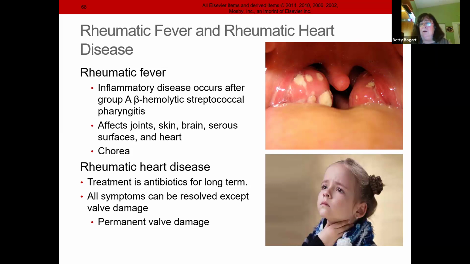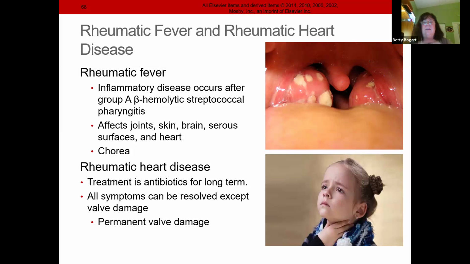Rheumatic fever presents with a sore throat, swollen joints, rashing, and you can't control your limbs. So it's central nervous system, but it also can affect your heart valve, usually the mitral valve.